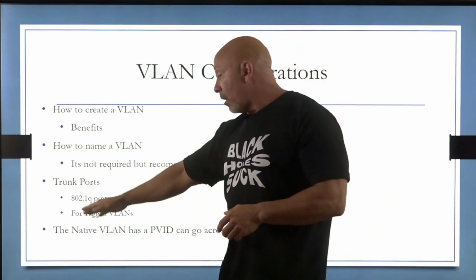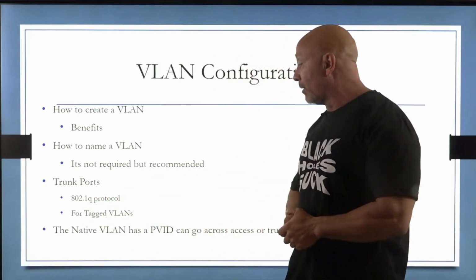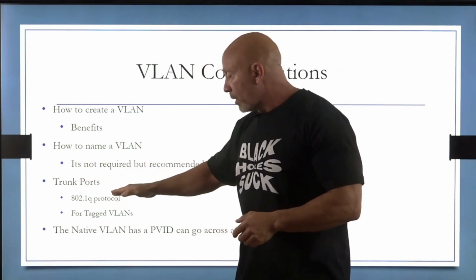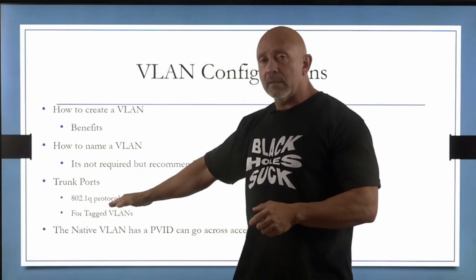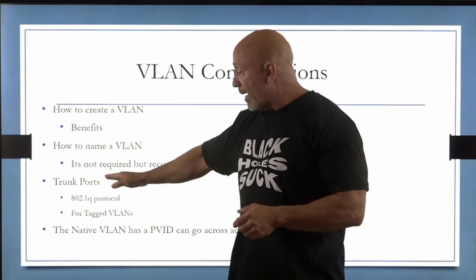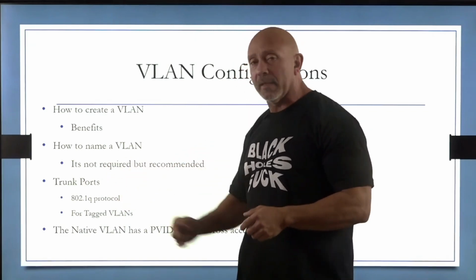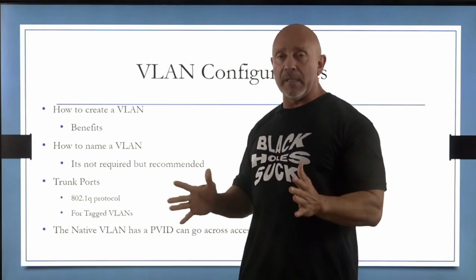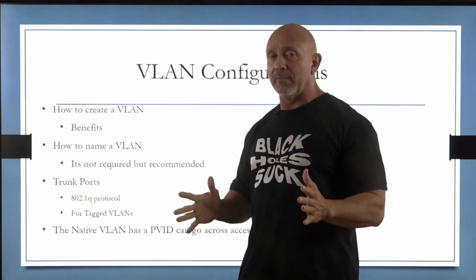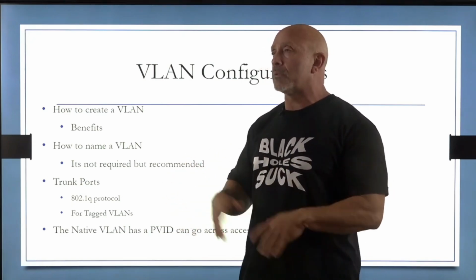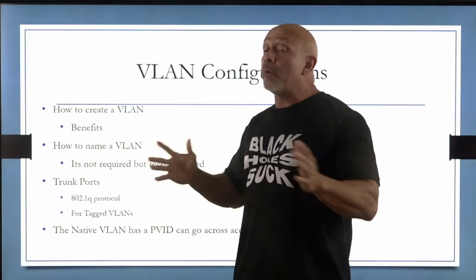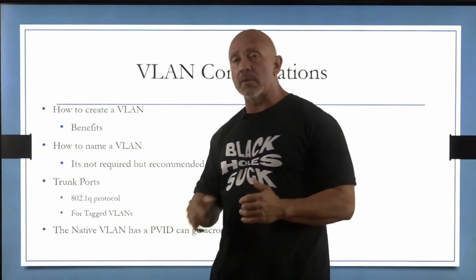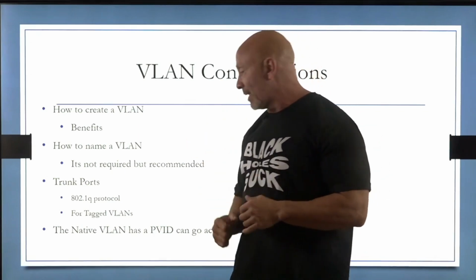And obviously we're going to talk about the DTP protocol itself, because trunk ports are basically for tagged VLANs, meaning VLANs that need to be tagged. VLANs that are not the native VLAN. The native VLAN can go through access ports or trunk ports. But all other VLANs need to be tagged. So that's why you must trunk the ports, so when they go across, these VLANs can get tagged.